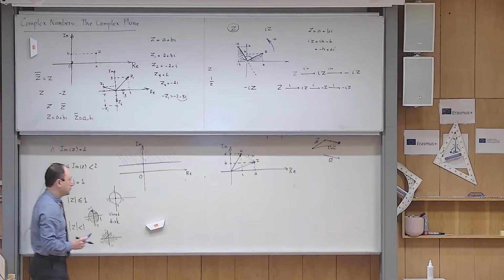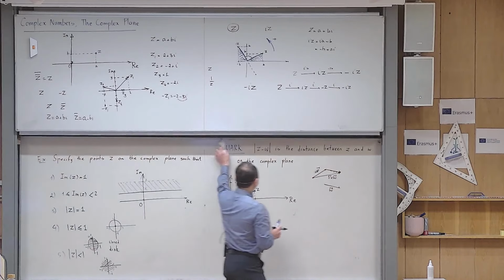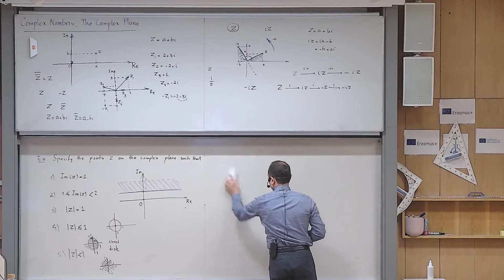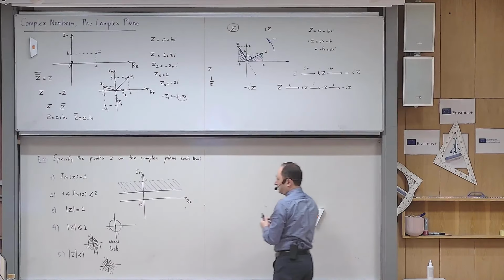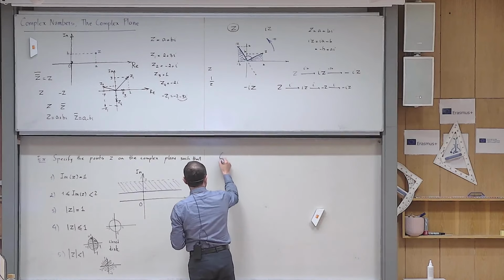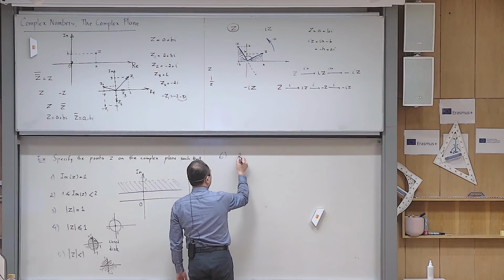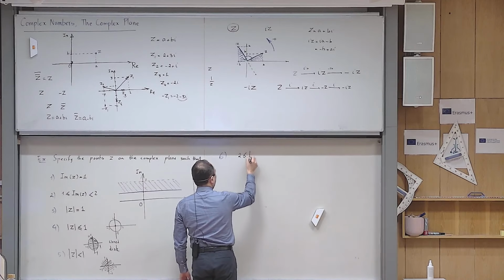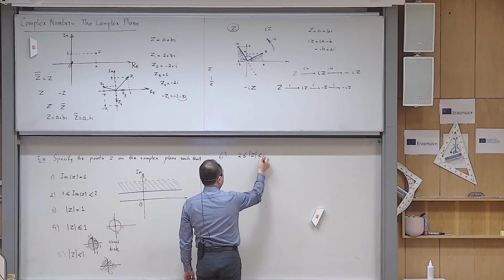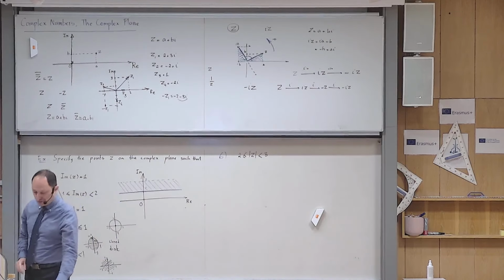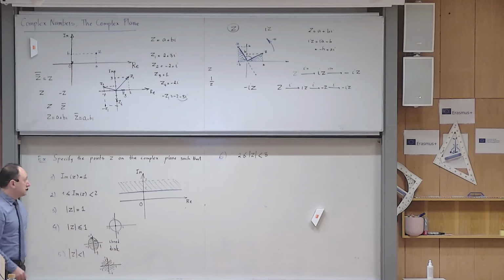Okay, what about number 6? You might see this in the book. For example, 2 less than or equal to absolute value of z less than 3. I want to wait a little bit for you. Try to understand this.